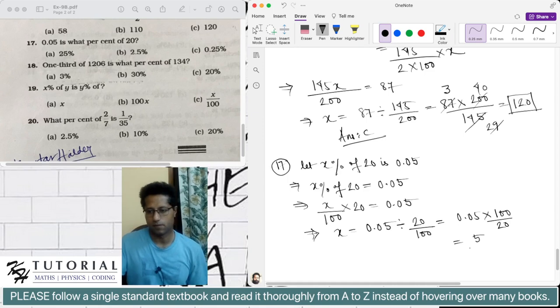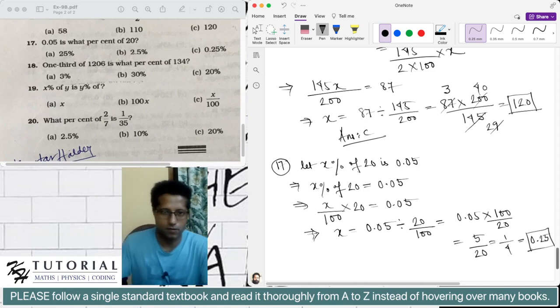So this is 5 by 20, which is equal to 1 by 4, and 1 by 4 is 0.25. So the answer will be 0.25 percent, and hence the correct choice is C. The correct choice is C.